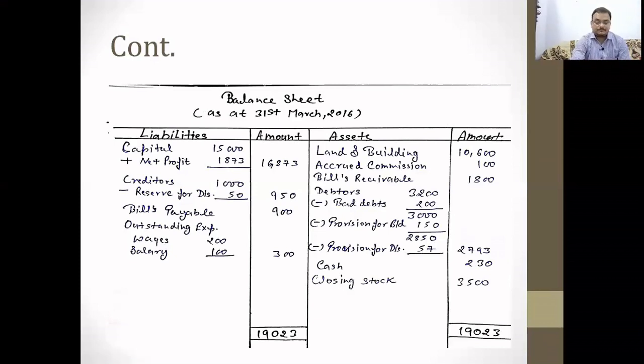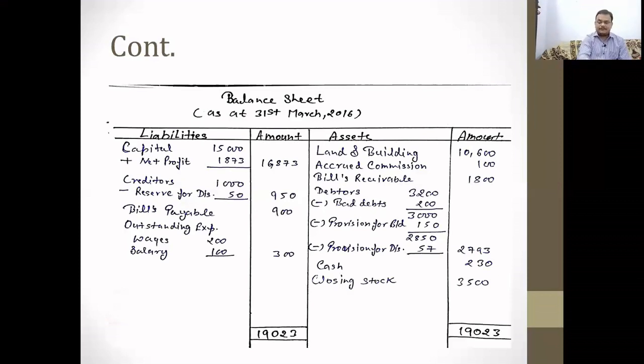Okay, now cash, 230 cash given at the debit side of trading account, and it is treated as current asset, so you have to show at the asset side of balance sheet. And closing stock, closing stock is also treated as an asset, and it will show at the credit side of trading account first, and the second will show at the assets side.